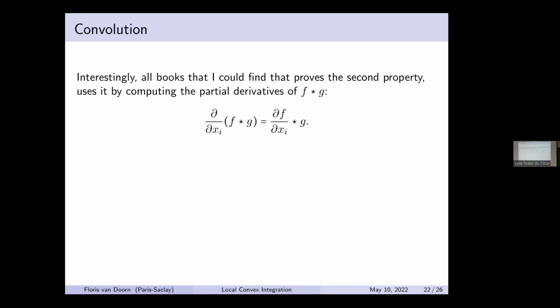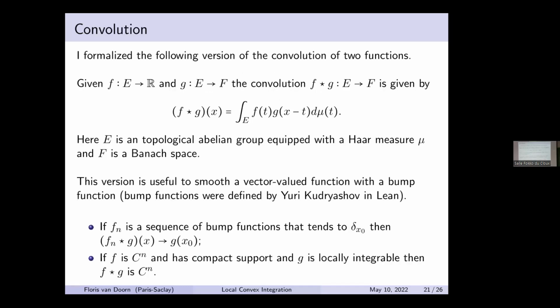But sorry, can you get back to the definition of the convolution? E here does not need to be one dimensional, right? But still R needs to be the real numbers. Yeah, in this version R still really needs to be the real numbers, because I need to multiply these functions in some way.